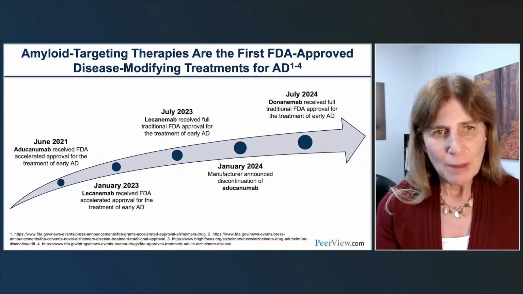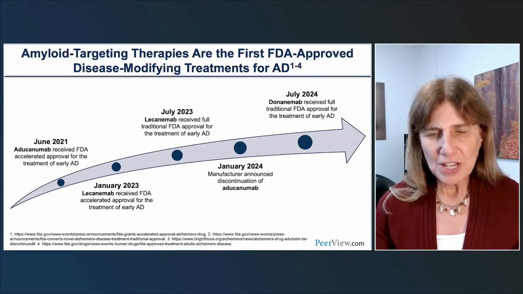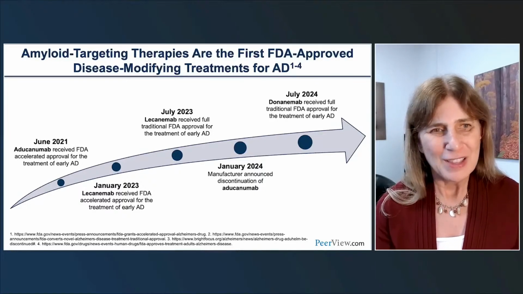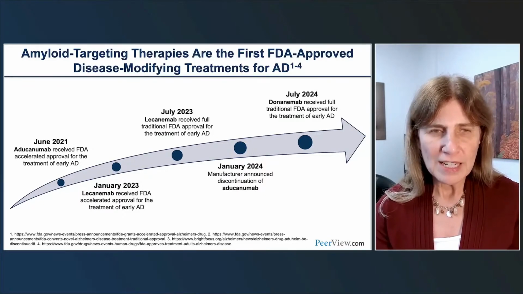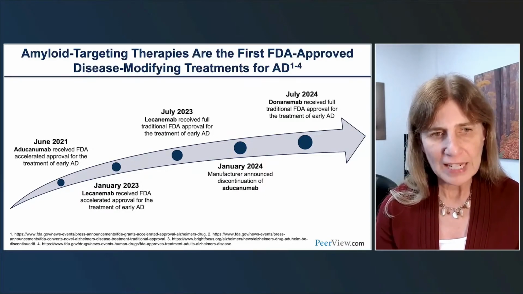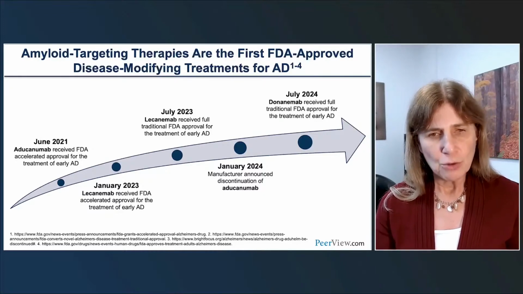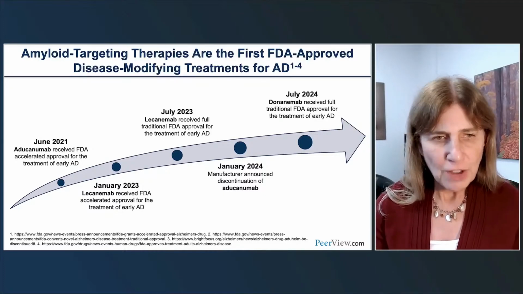Anti-amyloid therapies, or amyloid-targeted therapies, first came into the forefront in June 2021 when the FDA granted accelerated pathway approval to aducanumab. Aducanumab is no longer being manufactured.